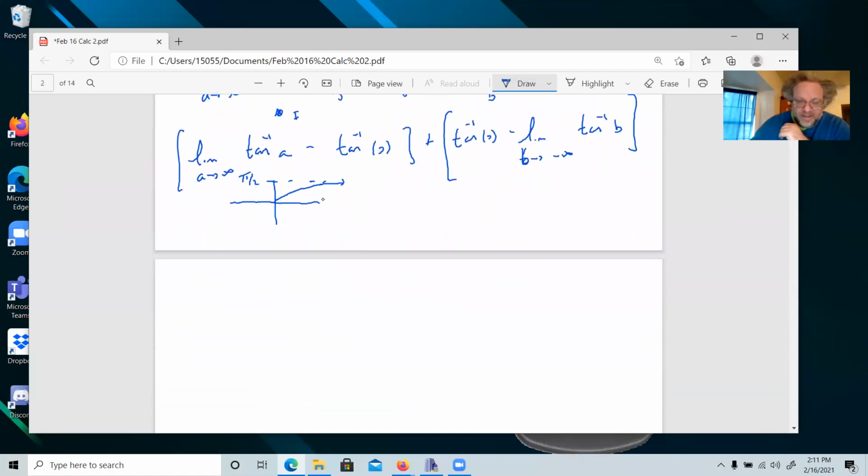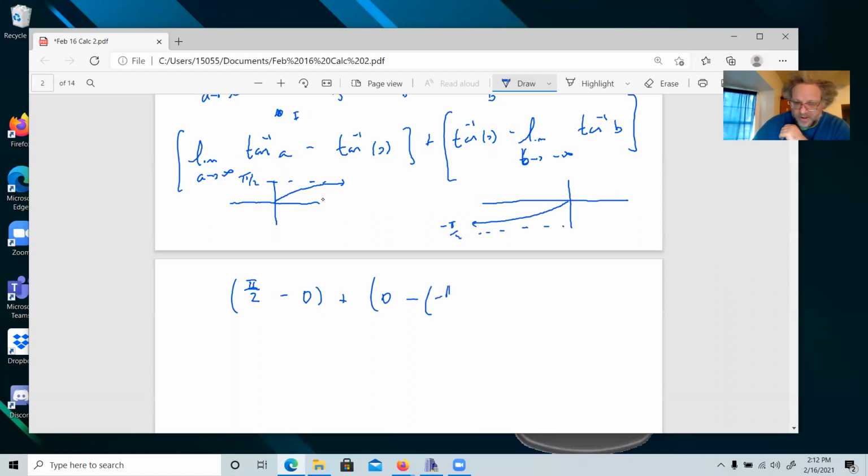So we're going to say that's going to be pi over 2, evaluating this first limit, minus inverse tangent of 0, which is 0, plus the tangent inverse of 0, minus, and then tangent inverse as we go to negative infinity is down here, and this is negative pi over 2.